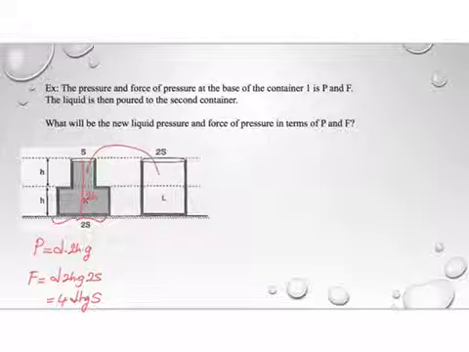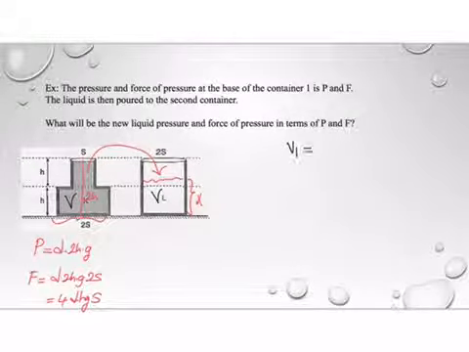Now this liquid is poured into the second container. We have to find the new level, the new depth of the water. How can we find it? From the conservation of volume. The volume in this container should be equal to the volume in the second container.